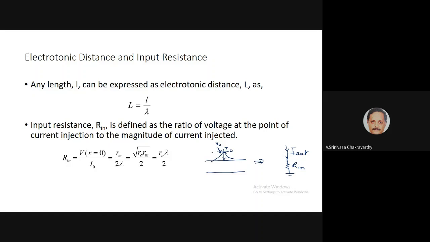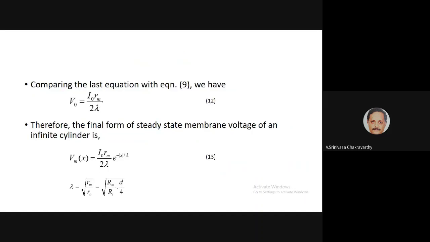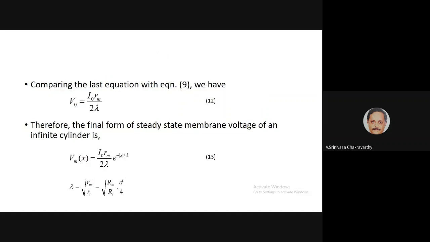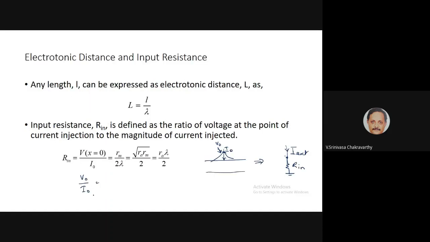So V naught by I naught, as we have seen here, is nothing but Rm by 2 lambda. So V naught by I naught is equal to Rm by 2 lambda, which is also equal to root of Ra Rm by 2, because I'm invoking this result: lambda is equal to root of Rm by Ra.